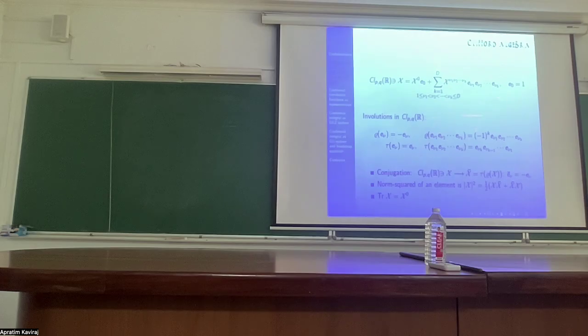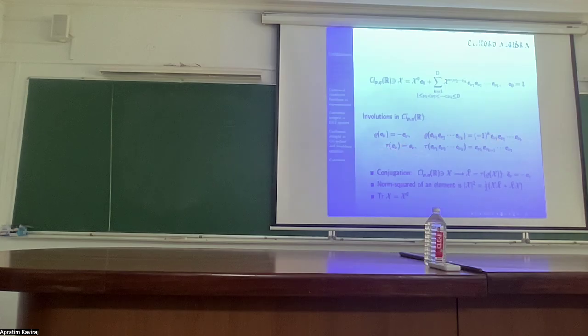Now there are three involutions in this Clifford algebra. One is sometimes called a reflection; this goes by various names in the literature, so I'll call it a reflection. It reflects the e_mu's by changing the sign. So that means rho of e_{mu1} to e_{mu k} is given by minus 1 to the power k times the same thing.